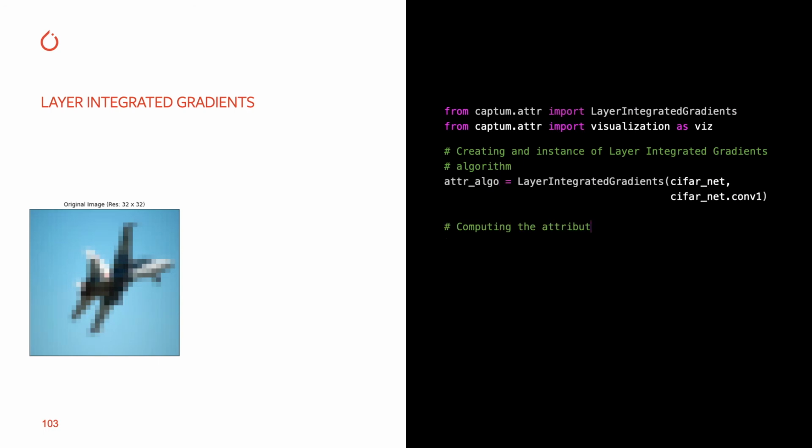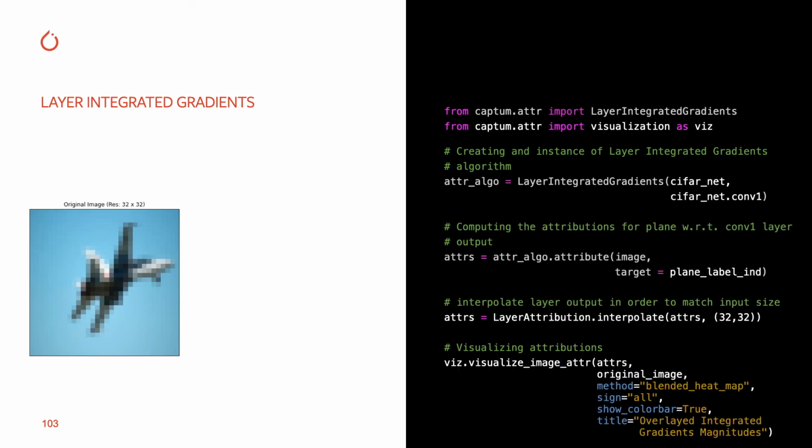Now let's use a layer attribution algorithm, namely layer integrated gradients, in order to better understand what different layers in our model learn. Similar to integrated gradients, we import layer integrated gradients and initialize it using the forward function of our model and an internal layer for which we would like to compute the attributions.